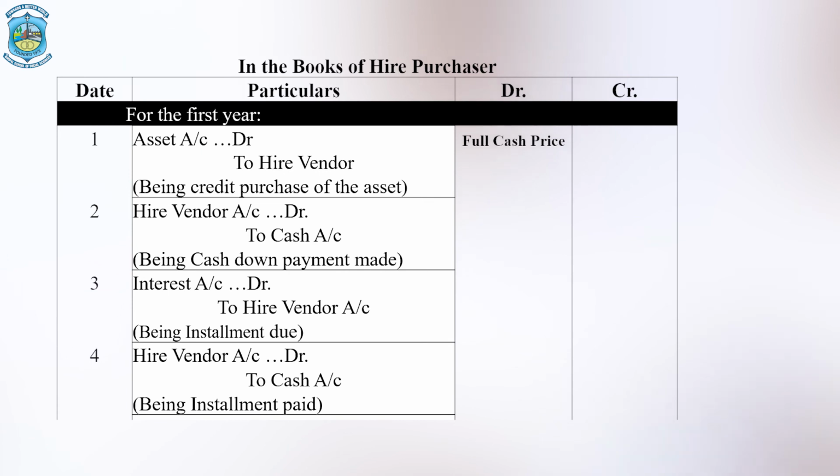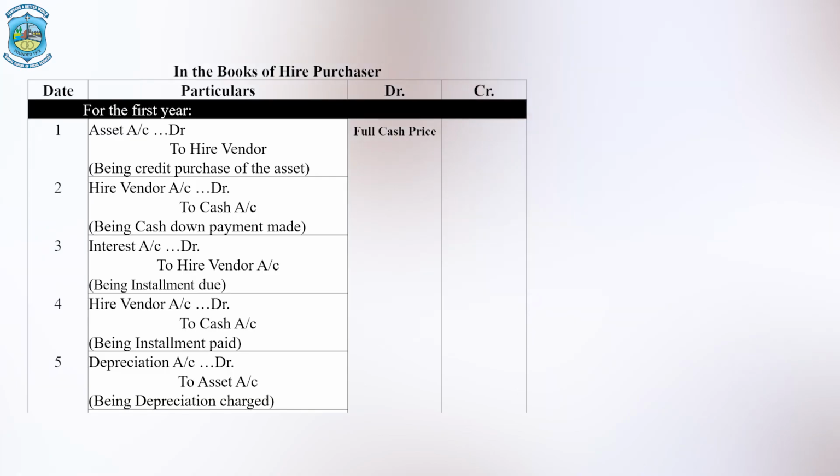Now, since it is the end of the year and you have already made the payment of installment, the next step in the books of purchaser is charging depreciation on asset. So this entry also is exactly the same as in asset accrual method, that is depreciation account debited to asset, and mind it, depreciation is always charged on the cash price of the asset and not on the hire purchase price.